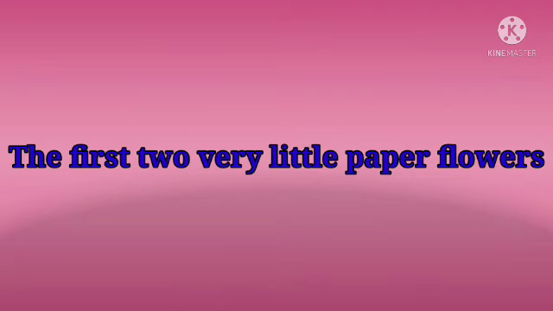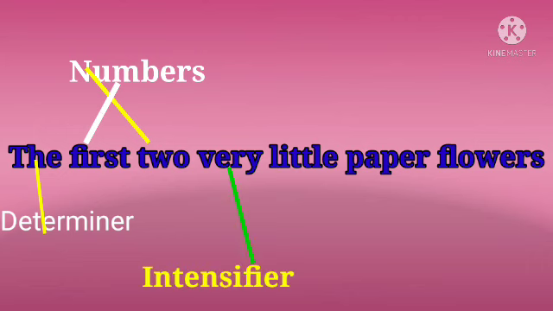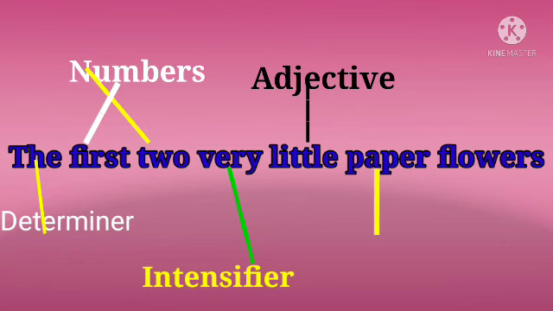Okay. So from this you can mark the order. First of all, we use determiners, then numbers like first, two, next intensifier, then adjectives, then classifiers, finally the head noun.